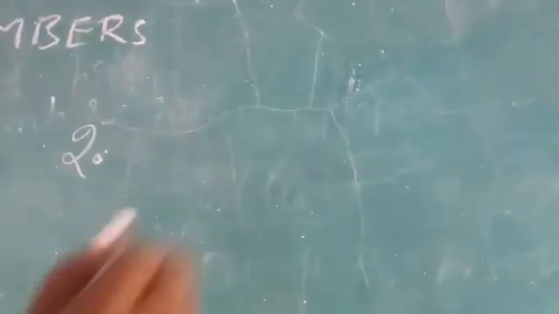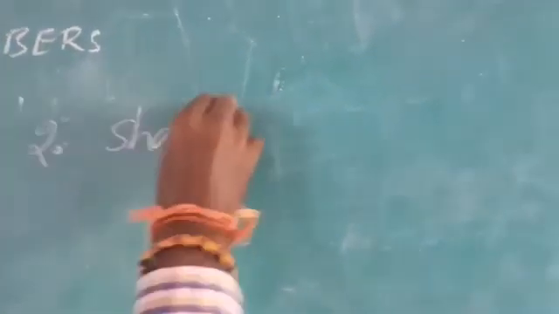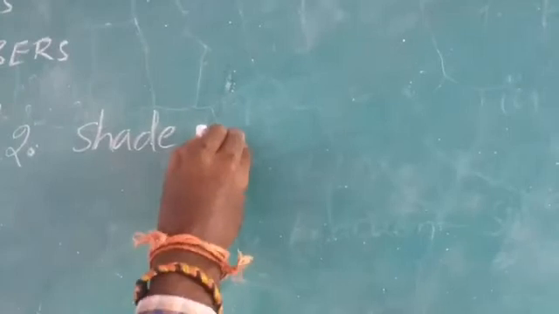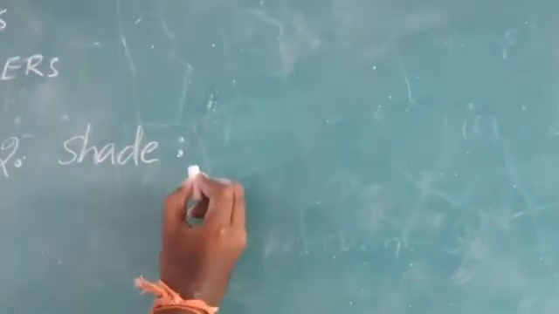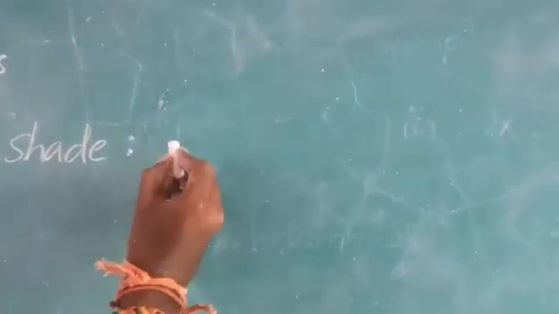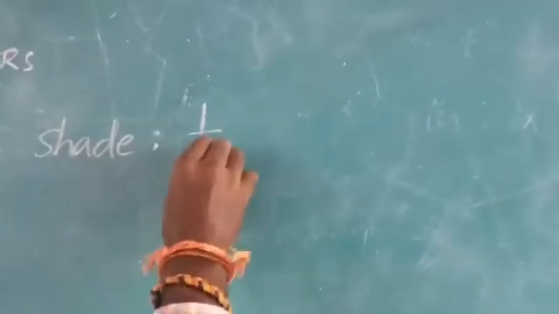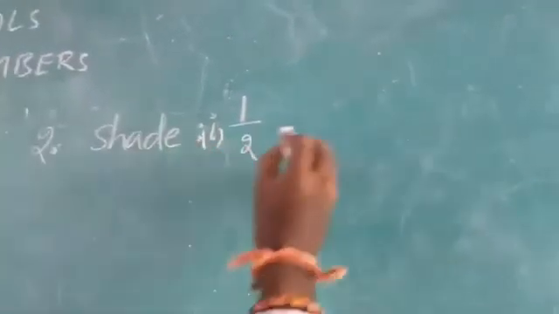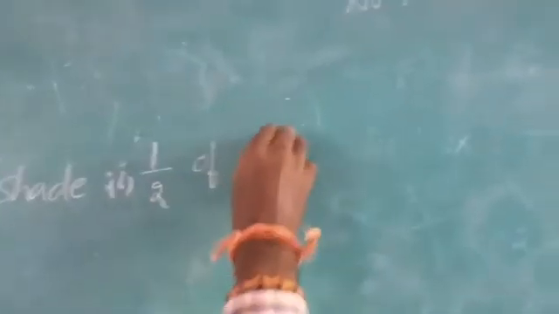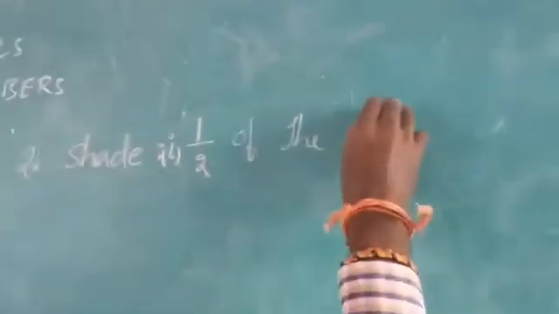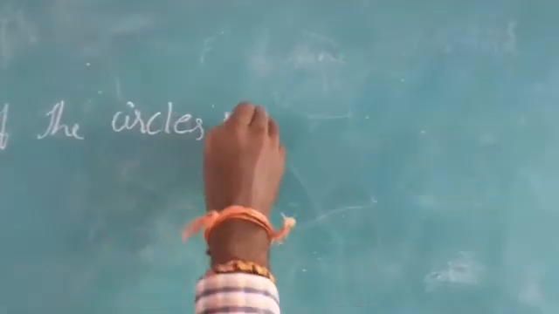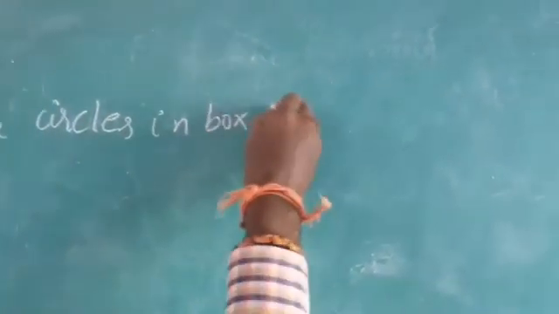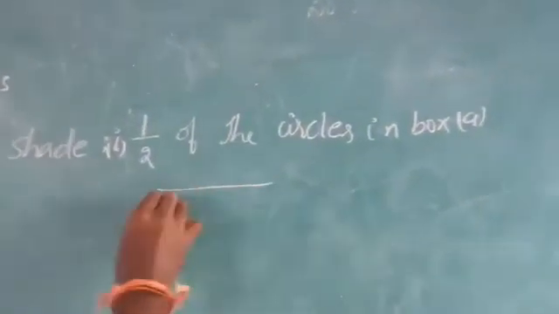I'm going to explain the second bit. What is the second bit? Shade. Here is the total 4 problems are there. In that I would like to explain you 2. 1 by 2, the first one: 1 by 2 of the circles in box A. The box A here is there like this.